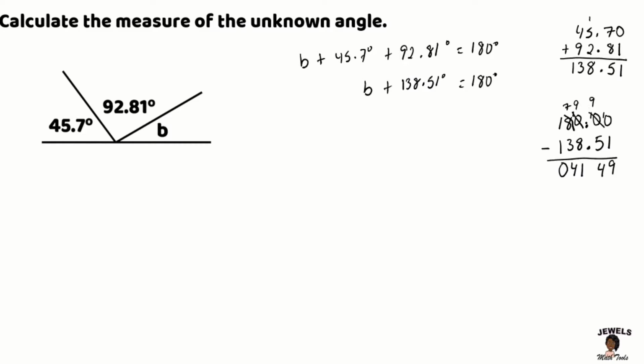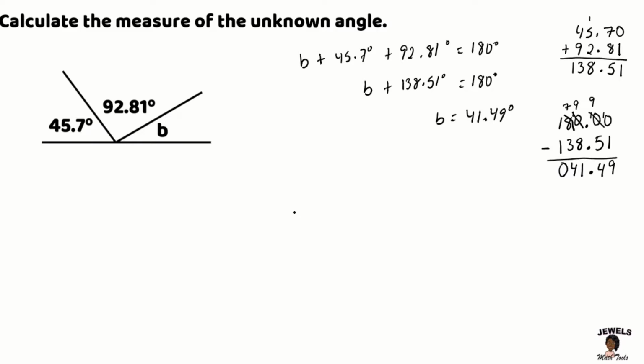And because we are subtracting, we will drop our decimal point right down the center from where it is. So my angle B is equal to 41 and 49/100 degrees, or 41.49 degrees.